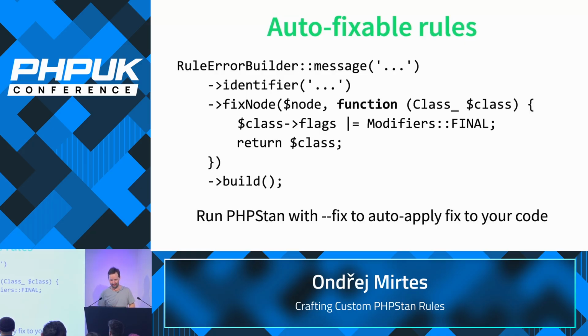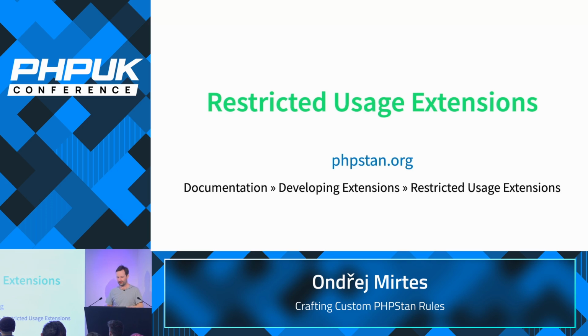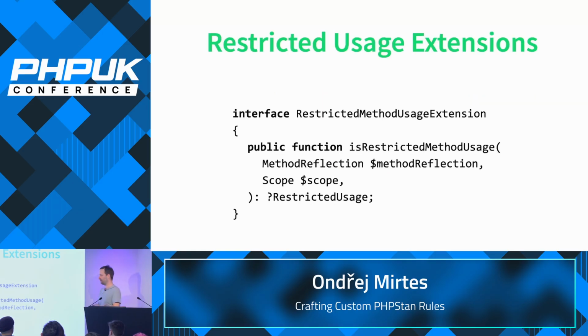So, restricted usage extensions. These are useful, for example, for some architectural rules. This is an alternative to a custom rule. This is an easier interface to implement, because, for example, if you want to restrict where a method can be called from, so for example, you don't want your controllers to touch a repository directly, you can implement a restricted usage extension, and it's much easier than to catch all of these situations in a custom rule.